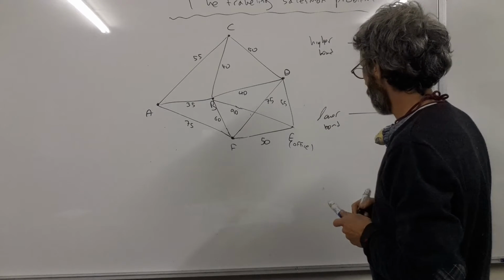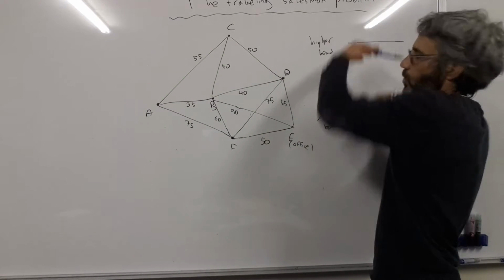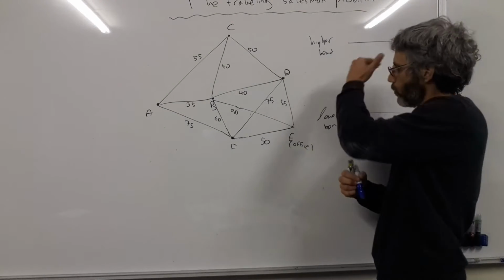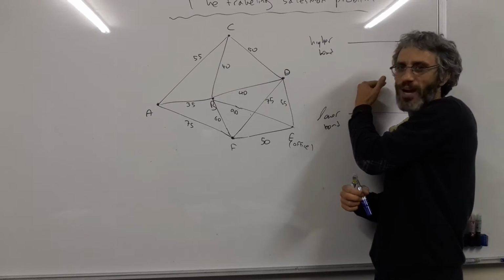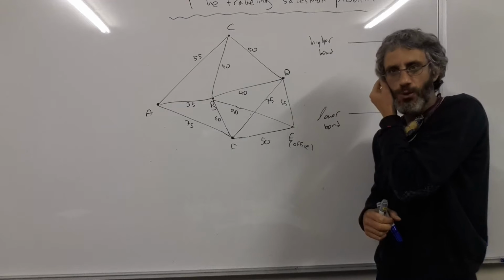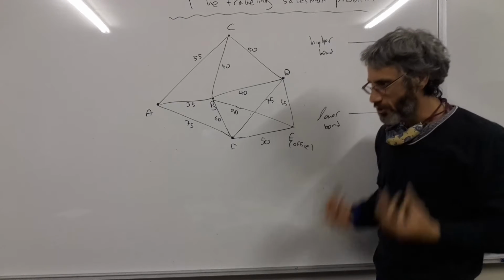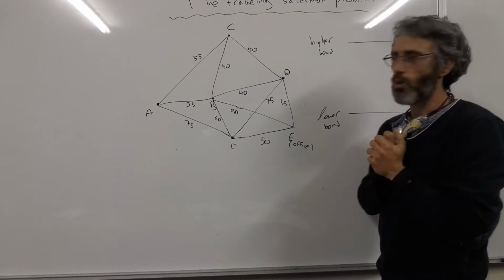The solutions will exist between those bounds, and the closer we get the higher bound to the lower bound, the more we know we're getting a closer, better solution. What we do have are algorithms to find the higher bound and the lower bound.